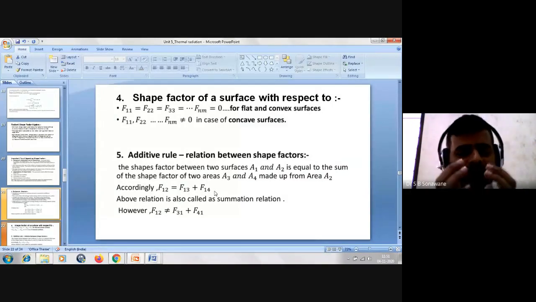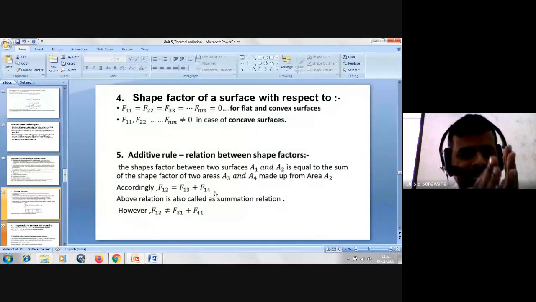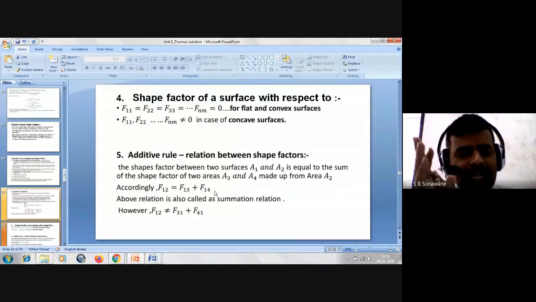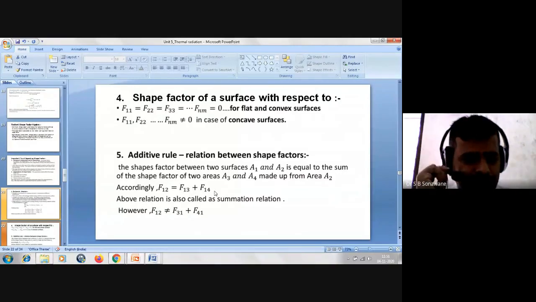If I have a surface 2 which has an area A2, and I divide that area into two parts, A3 and A4. Got it?